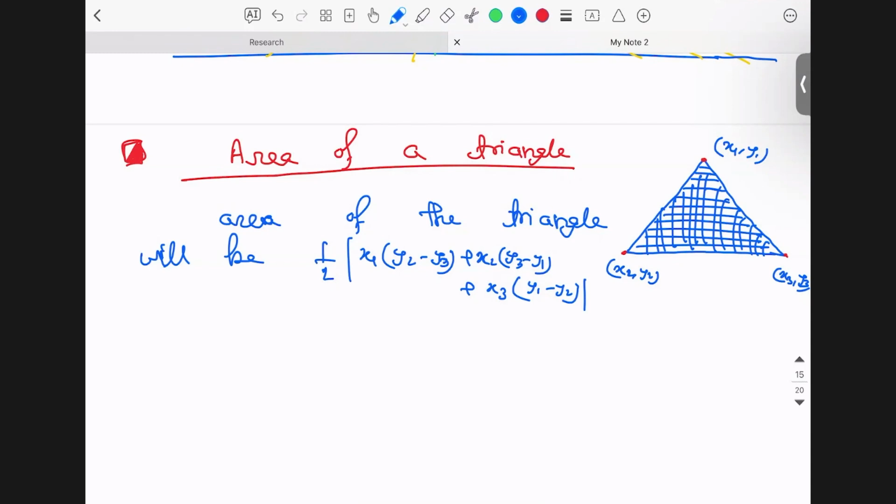So this is the area of this triangle. This is the formula. I am not going into the formulation and the concept behind this area equation, but just remember this fact.